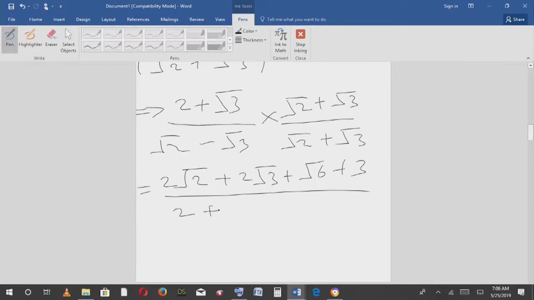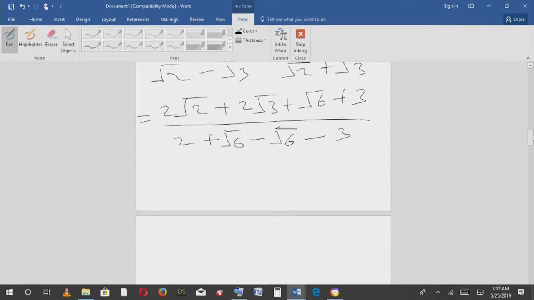Then minus times plus gives us minus root 3 multiplied by root 2, which is root 6. And minus times plus is minus root 3 multiplied by root 3, which gives us 3.